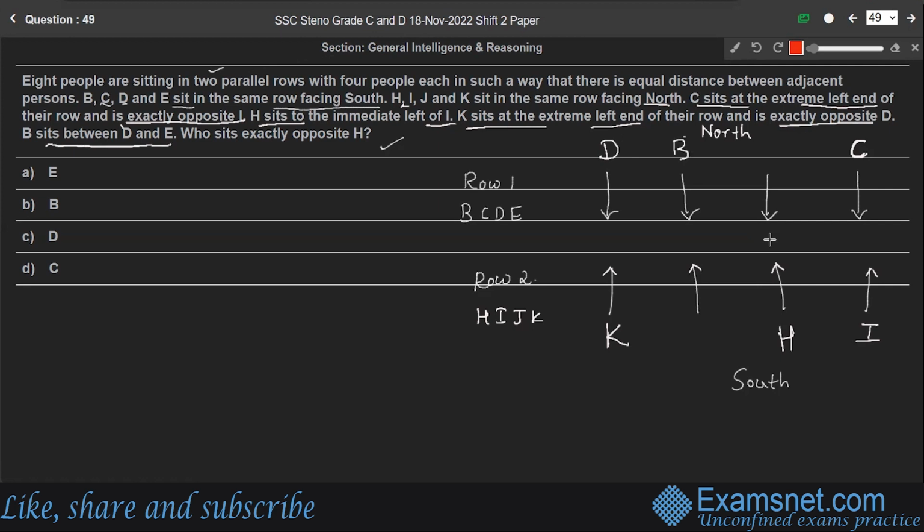Therefore, B is the second person, right? And third person is E here. Then in row 2, so who else is sitting here? So J. J can accommodate second place, right? Here the question is, who sits exactly opposite H? So here E sits exactly opposite H, right? Therefore, option A. Option A is the right answer.